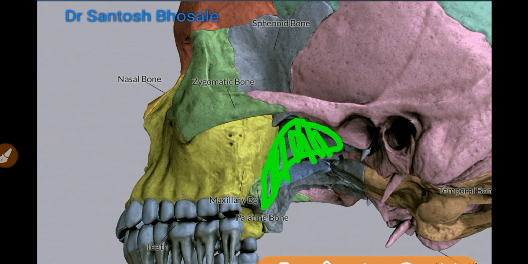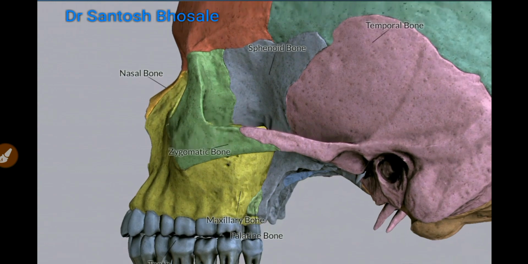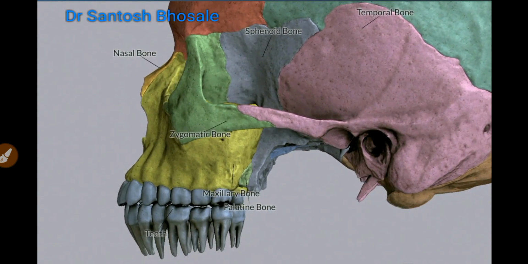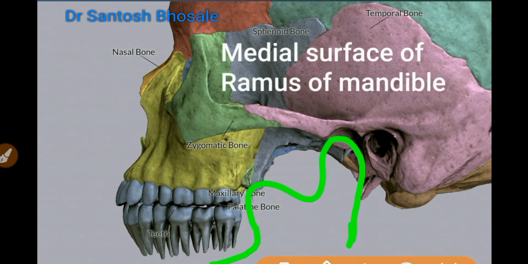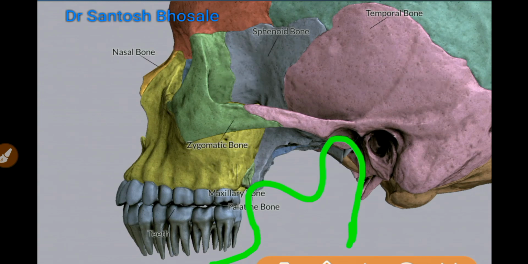So that is the medial boundary of this infratemporal fossa, whereas posteriorly you will see head and neck of the mandible, temporomandibular joint, whereas inferiorly and lower part of posterior it is open, whereas laterally it is formed by the medial surface of ramus of the mandible. You can say lateral boundary of the infratemporal fossa.